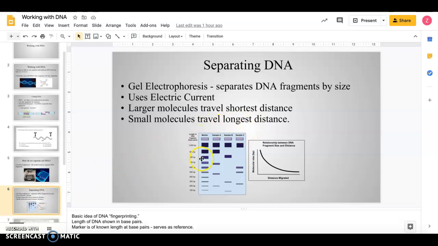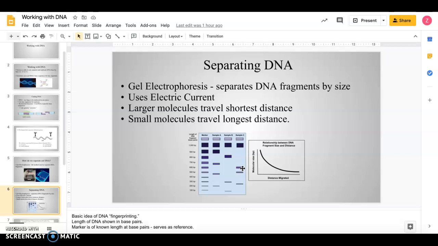So, we load DNA into the gel. We have a marker which indicates a known size of base pairs, but we have different samples, and we're able to see the sizes in base pairs that the DNA travels through the gel.